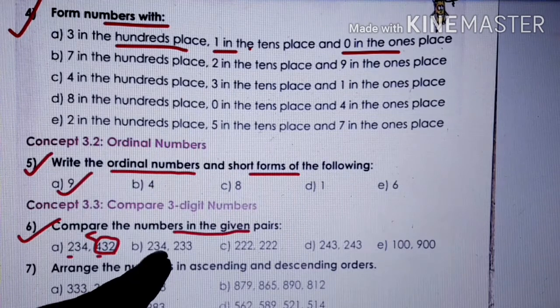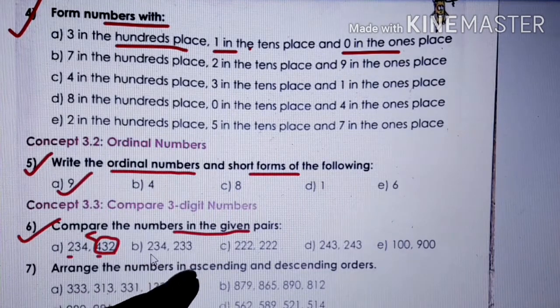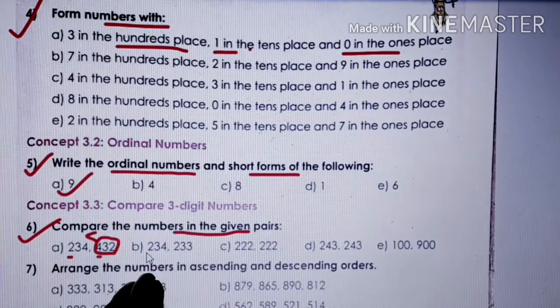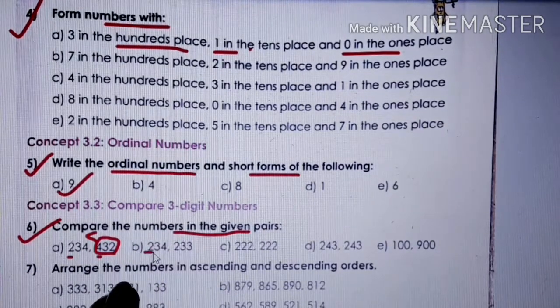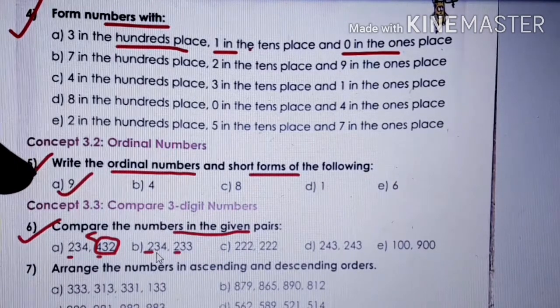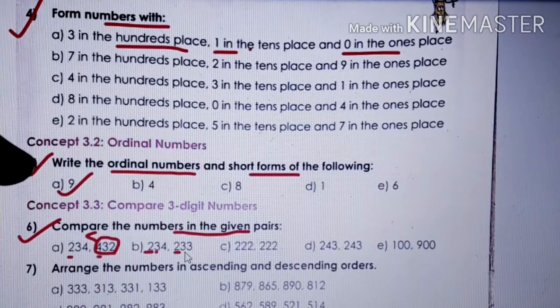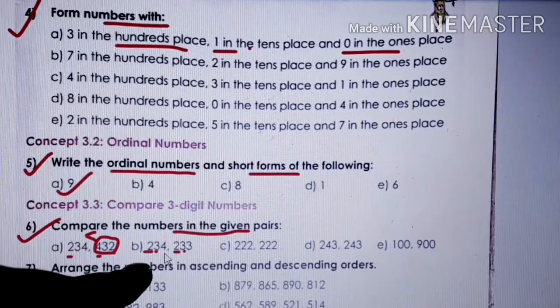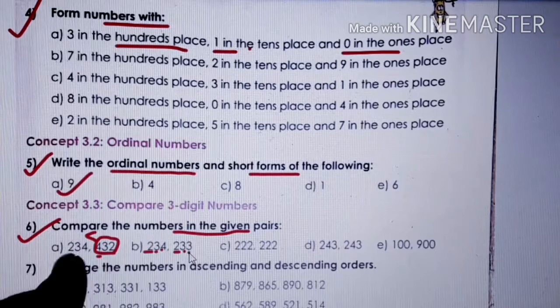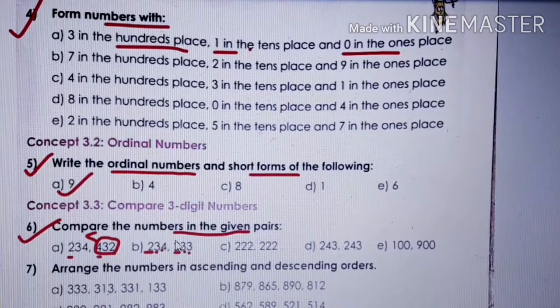Next, again, how will you compare this pair? You can see 334 and 233, isn't it? First you will count the number of digits. Both are 3 digits, isn't it? Then you see the hundreds place. Both are 2. So let's move to tens place. Both are 3. Then let's move to ones place. What is here? 4. What is here? 3. So which one is greater, children? 4, isn't it?